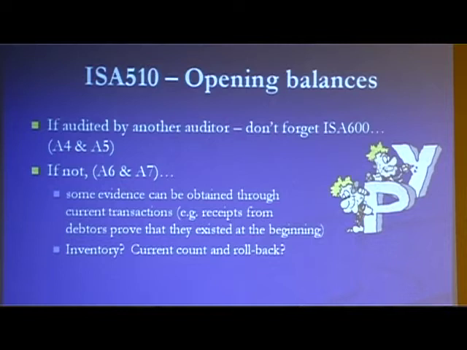You could also, for inventory, do a current count and roll it back. And I'd say, tongue-in-cheek, whether you'd want to do that or not, that is a mission. We spoke about that in inventory. If you don't do inventory counts at year end, they're really difficult to go along and establish.